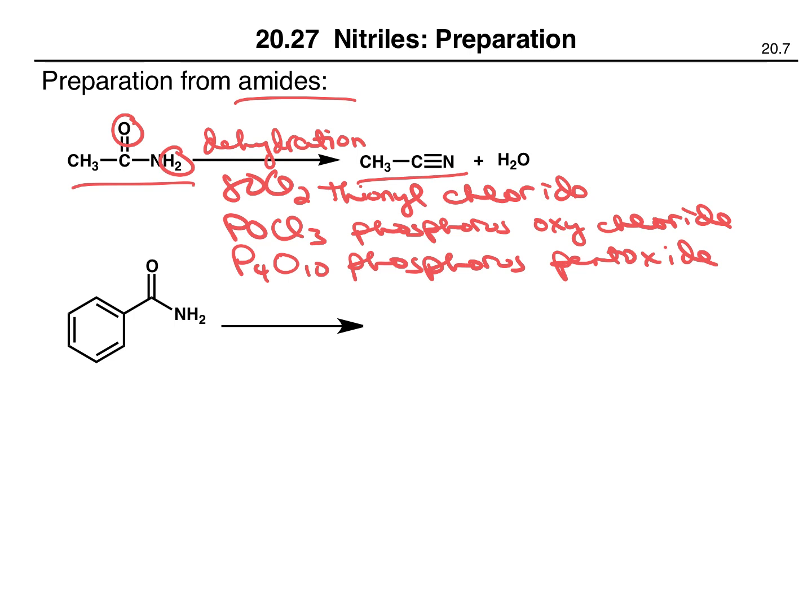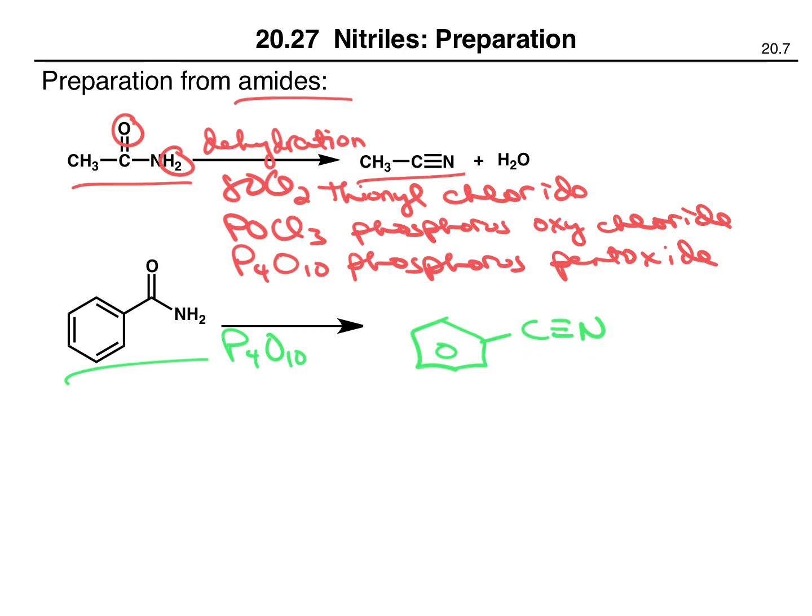So as another example, if we have benzamide, this can be treated with P4O10, for example, and that will give this nitrile. So with alkyl groups, with aryl groups, that's fine. Any of these dehydrating agents can be used to convert an amide to a nitrile.